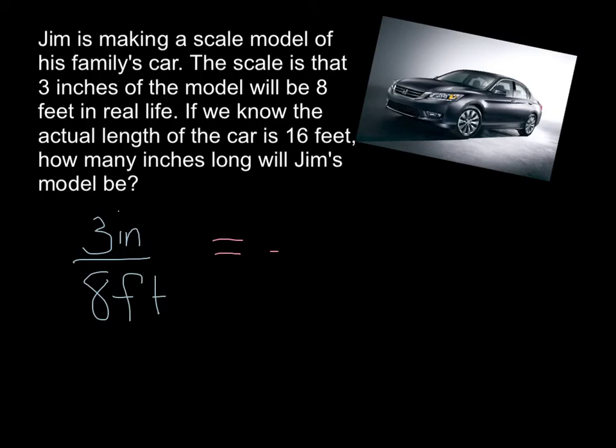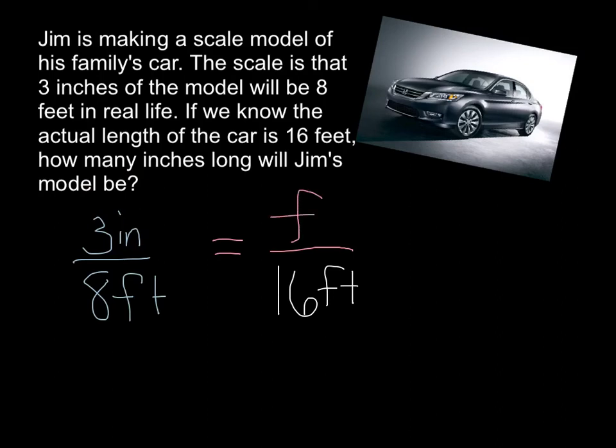So this time, we know the actual length of the car is 16 feet. Our actual length is in the denominator of this ratio, so we have to make sure we put that 16 in the right place. So the 16 feet will go on the bottom because our actual sizes have to be in line with each other and our scale sizes have to be in line with each other at the top. So this time, our variable will be at the top, and we will let that be f.